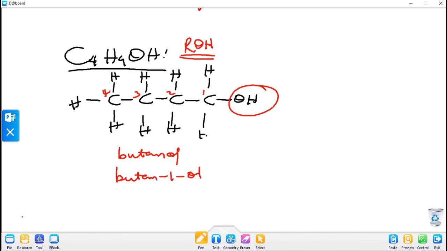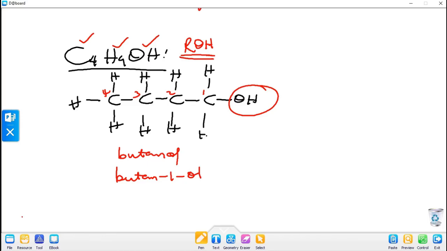It is the same thing. So this is a compound called butanol, and it has 4 carbon atoms, 9 hydrogen atoms, and 1 OH attached to it.